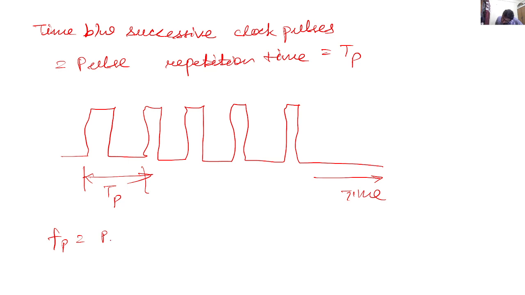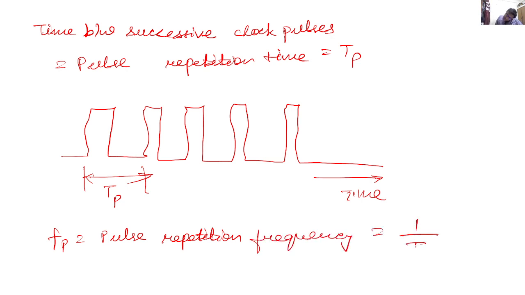FP, the pulse repetition frequency, is equal to 1 by TP. So from it we get to know that the TP should be in a certain range so that we can detect the signal properly.